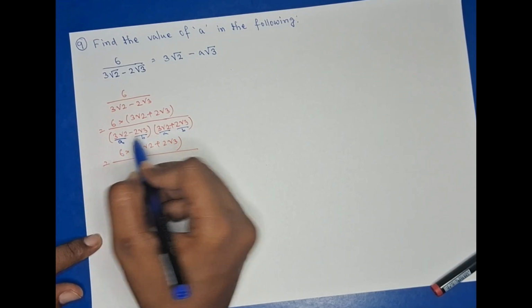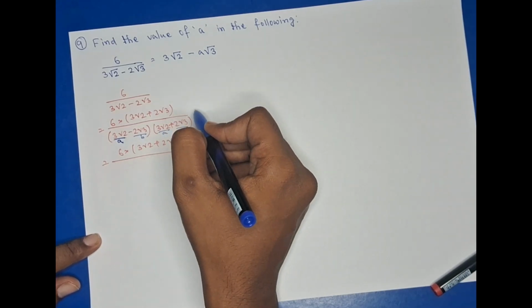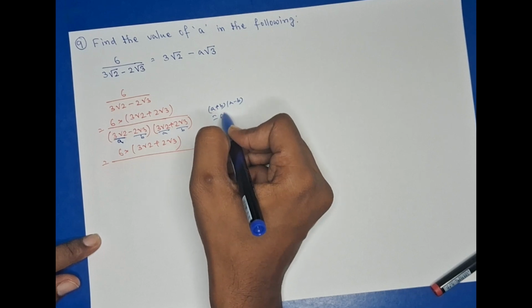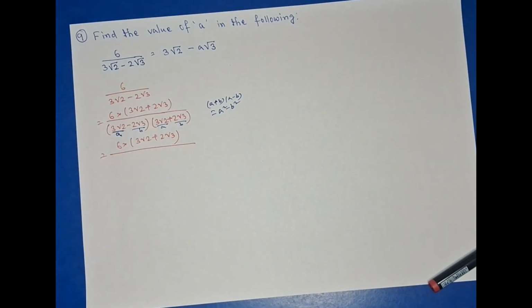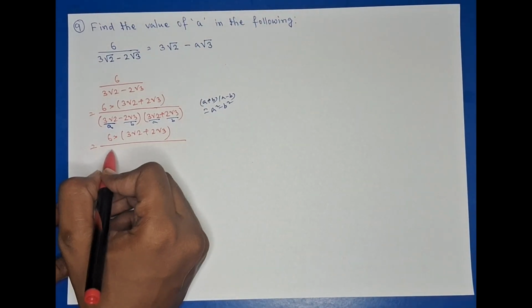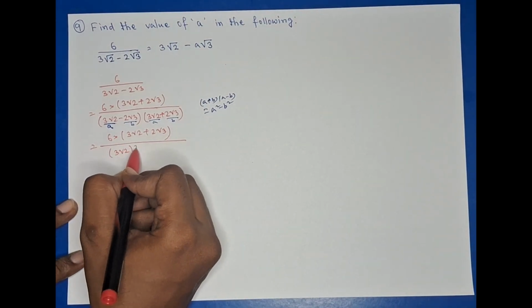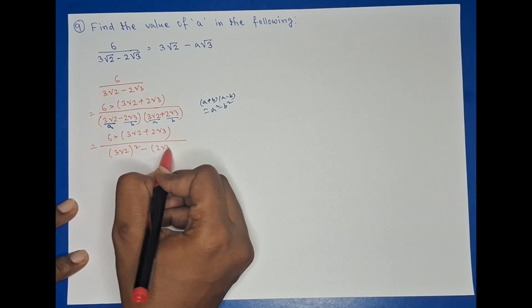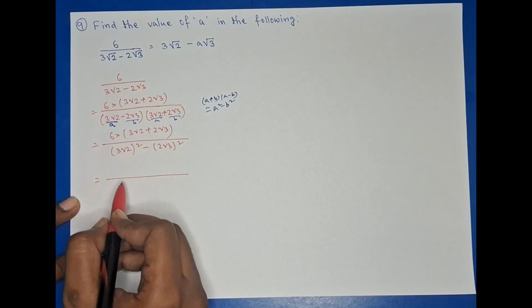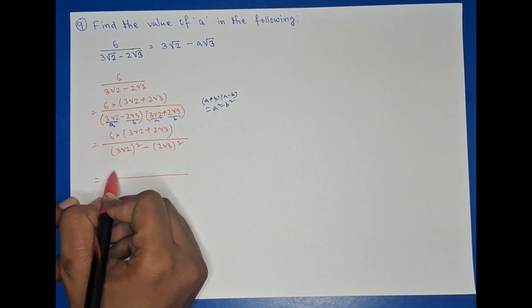So it is the same as a plus b into a minus b is equal to a square minus b square, isn't it? So we are writing it as 3 root 2 whole square minus 2 root 3 whole square. In the numerator, we are multiplying with 6.